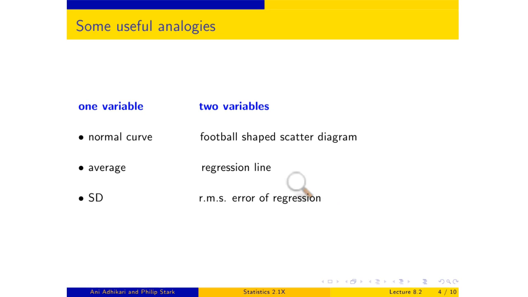Now you understand very well on a normal curve with a given average and SD how to find percents in any range that I might come up with. You can do exactly the same thing with the scatter diagram and regions about the regression line. And we'll spend the next little while looking at examples of those.